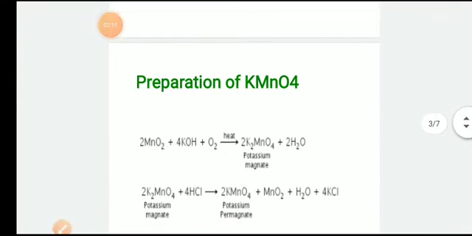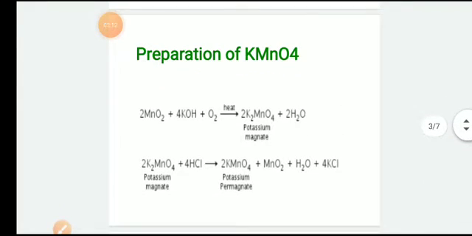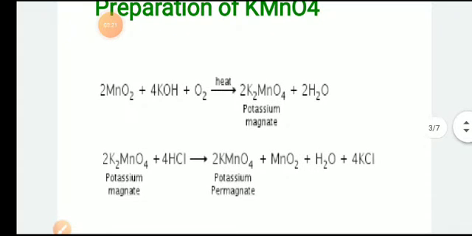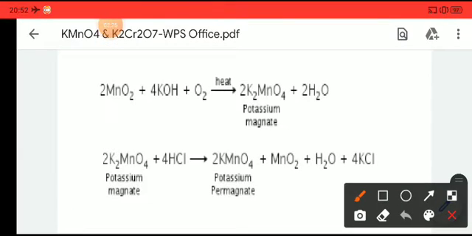Let's go to the next slide that deals with the preparation of KMnO4, that is potassium permanganate. Here in the slide you can see that we can prepare potassium permanganate in a 2-step process.